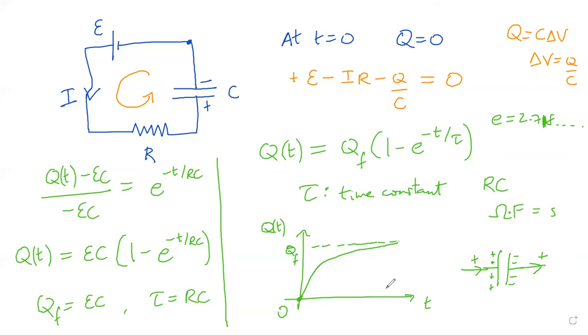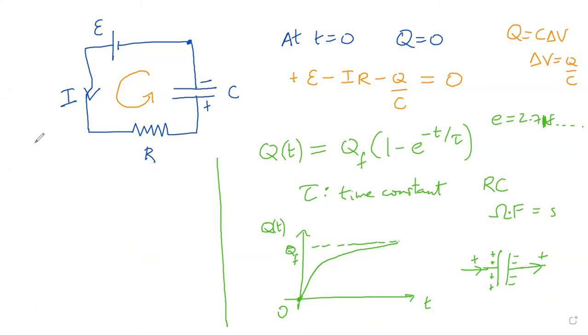Of course, it technically takes an infinite amount of time to reach that asymptotic value, but we will see that usually waiting 5 times tau is enough for you to reach 99% of the final value. Remembering that I is equal to dq over dt in this case, we can find the current as a function of time.